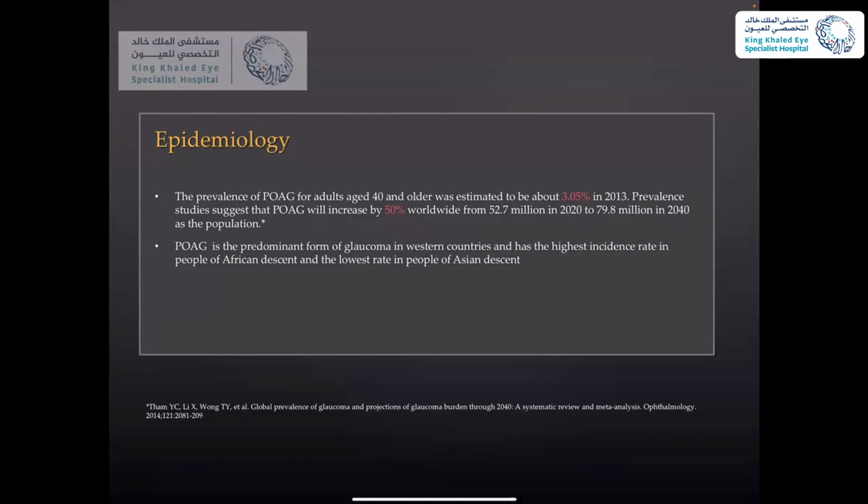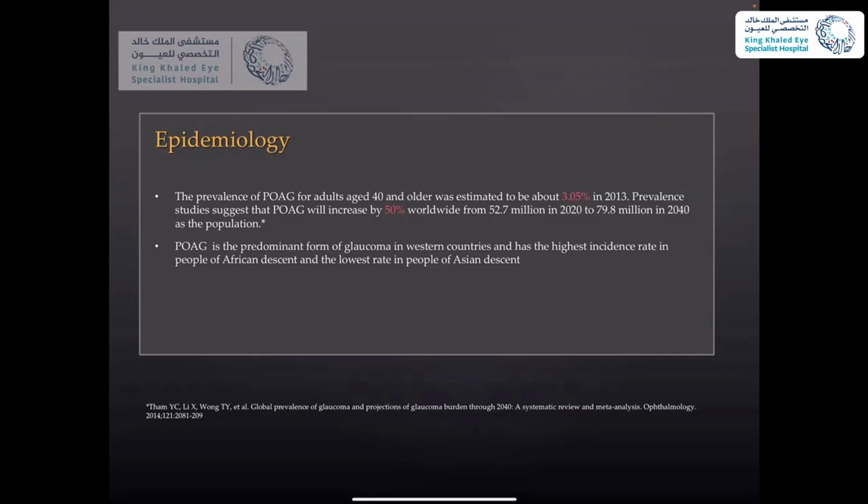Studies suggested that it will increase around 50% worldwide, from 52.7 million in 2020 to 97.8 million in 2040, which gives us a hint that this type of glaucoma is common and is increasing with time.